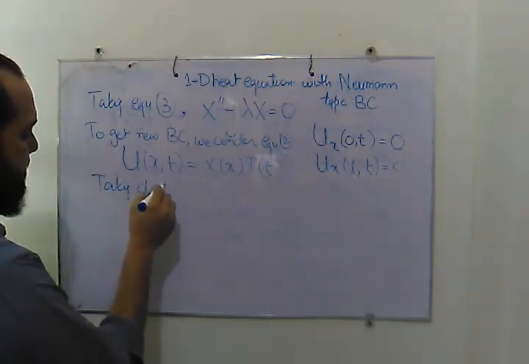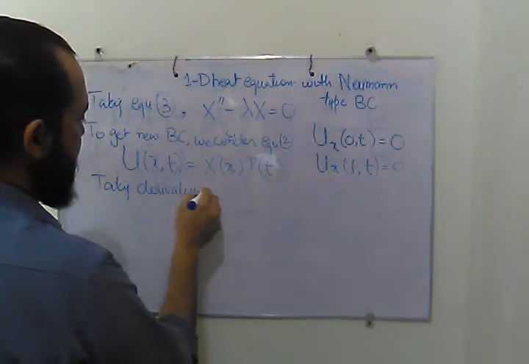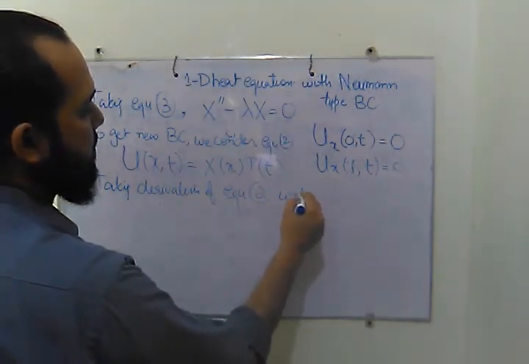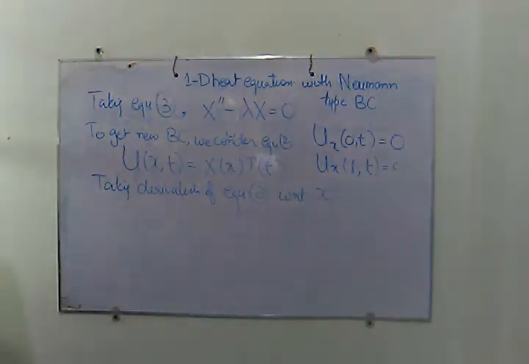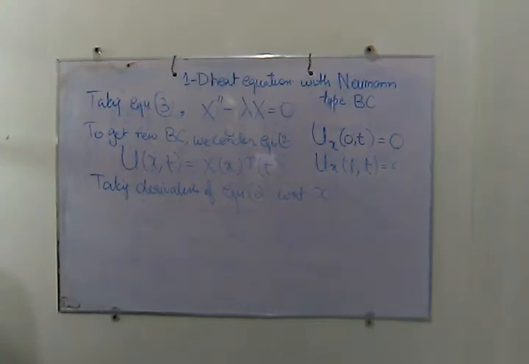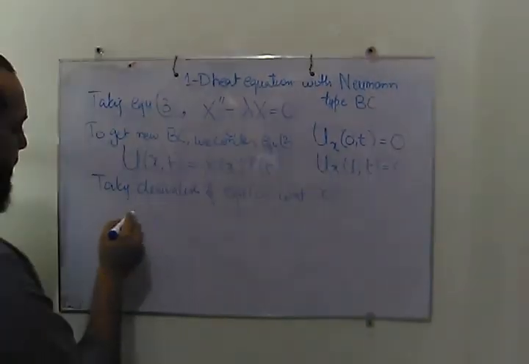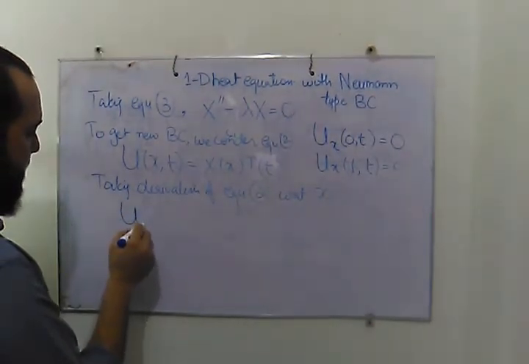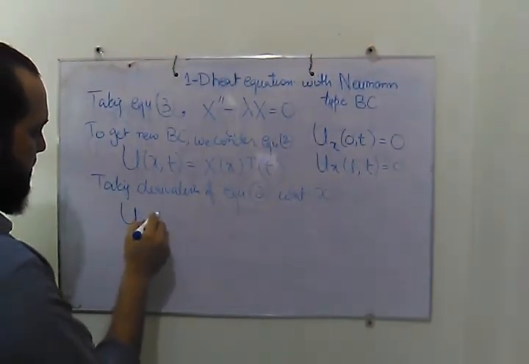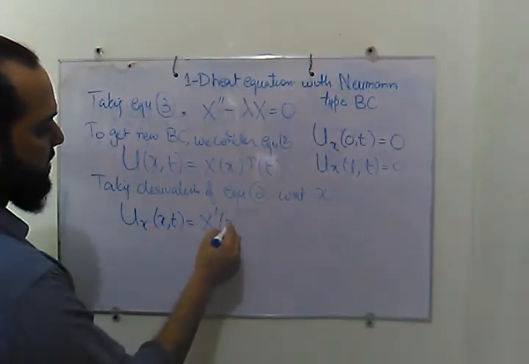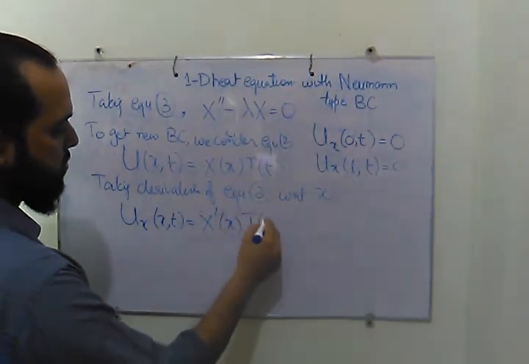Taking the derivative of equation 2 with respect to x, when we differentiate it with respect to x, this will become u_x(x,t) equal to X prime of x times T of t, because t is considered as constant.